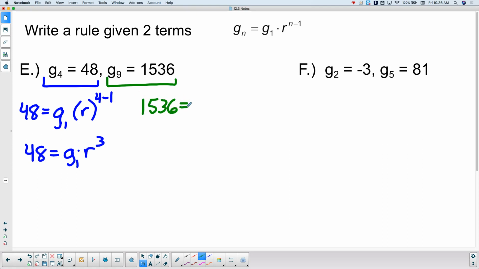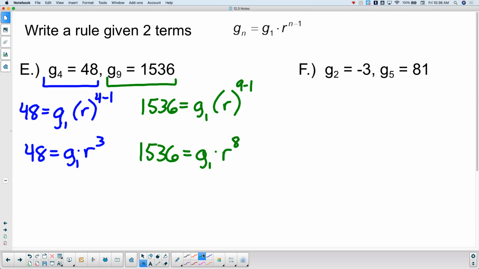1,536 is going to equal my first term times r to the 9 minus 1 power, or simply put, 1,536 is going to equal g sub 1 times r to the 8th power.